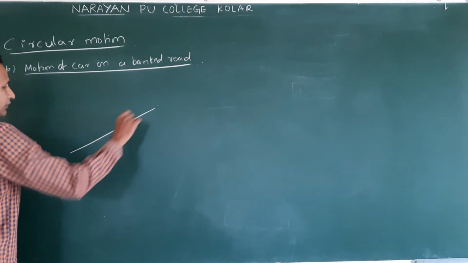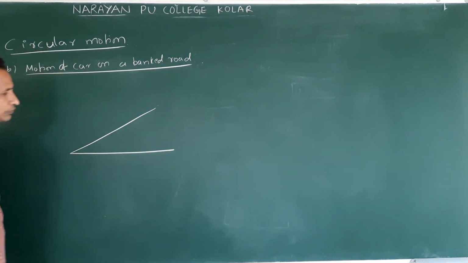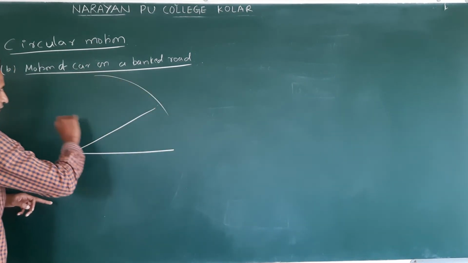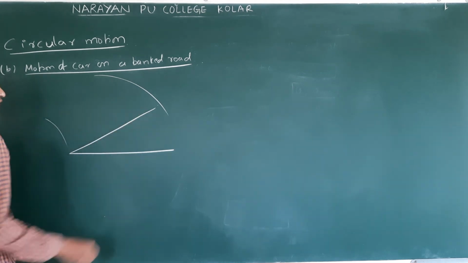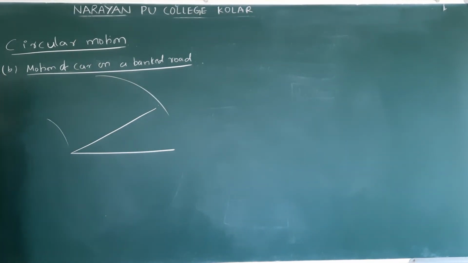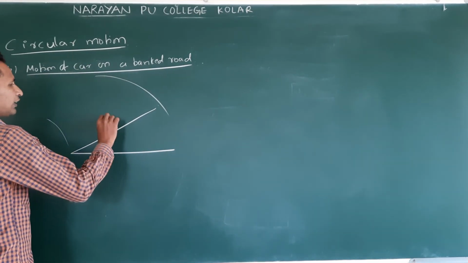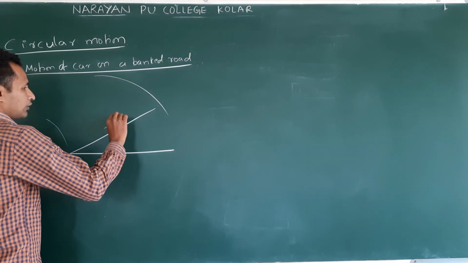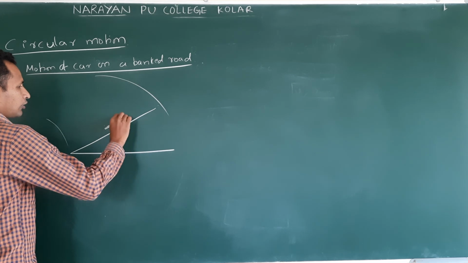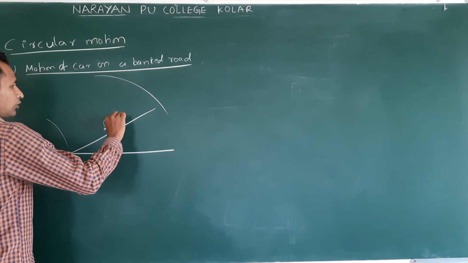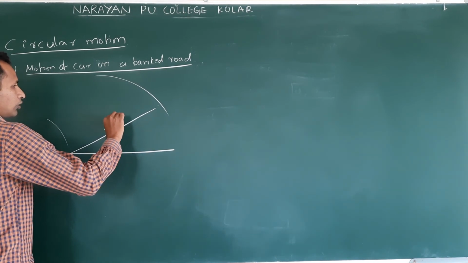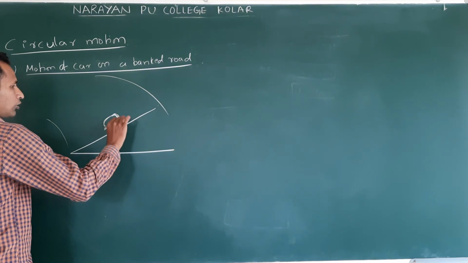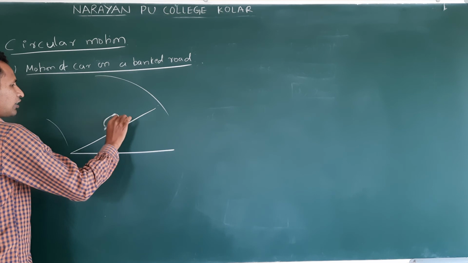Like this. This is the ground. This is the inner edge. Now the turn is like this. Clear? The outer edge is elevated. Now here, this is the car.